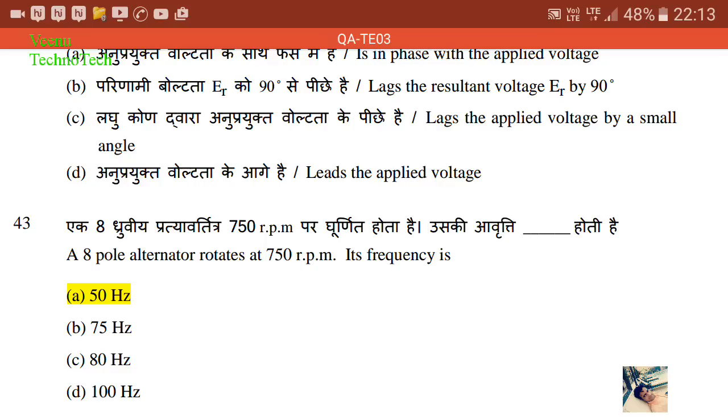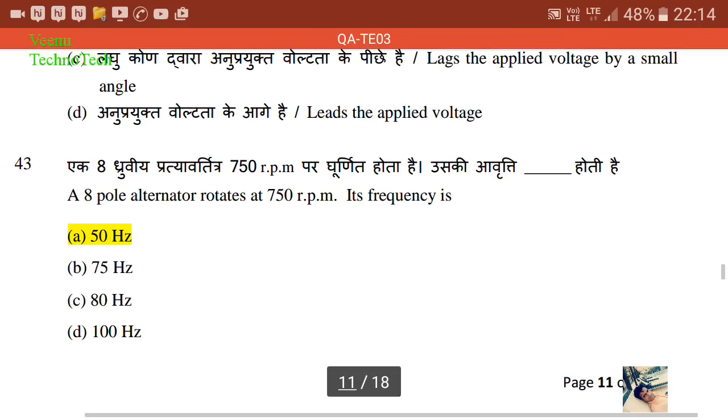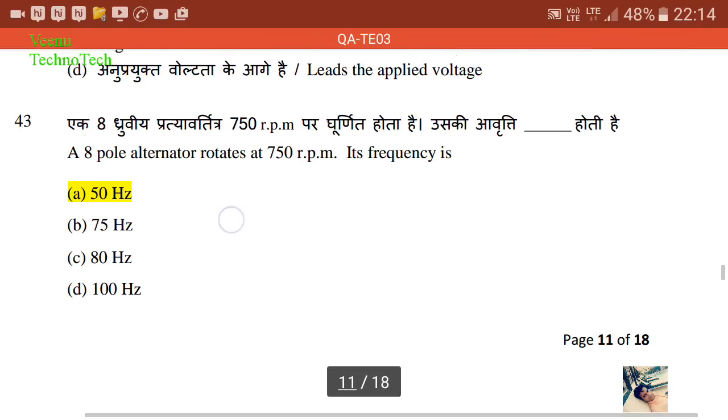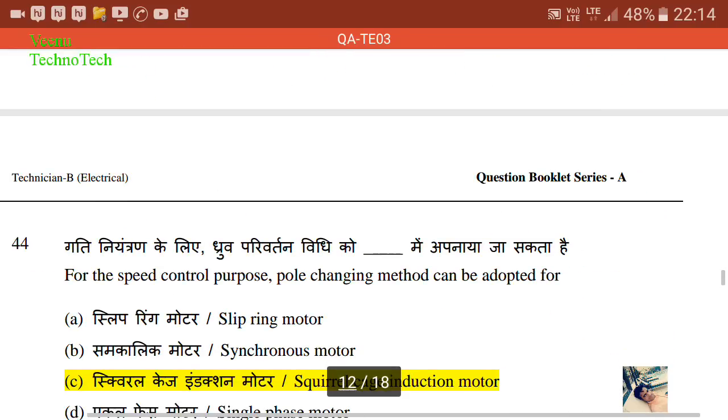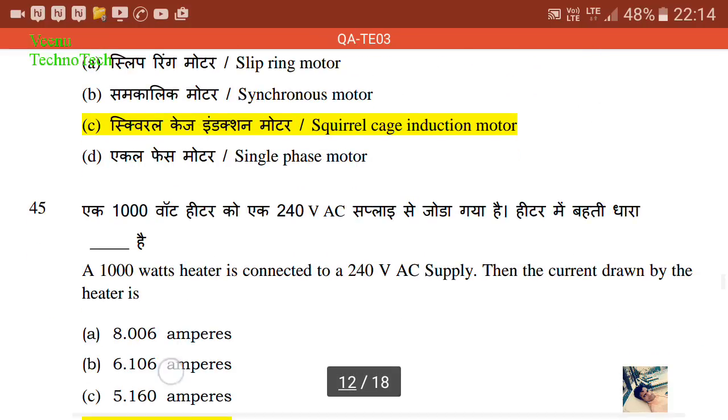So 750 into 8 upon 120, you get 50. Next, for the speed control purpose, pole changing method can be adopted for squirrel cage induction motor. Correct answer is C.